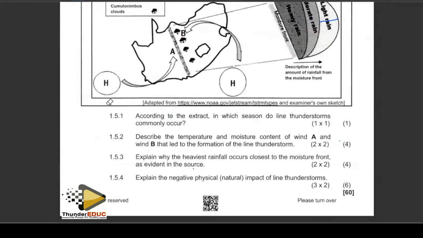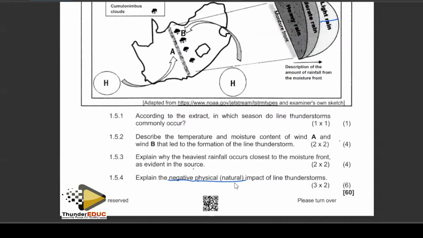It wants the negatives. And what kind of negatives are required? It's negative physical or natural impact, which means you cannot talk of negative impacts which are non-natural here. You only need to focus on natural impacts.